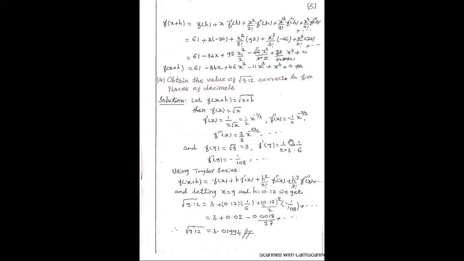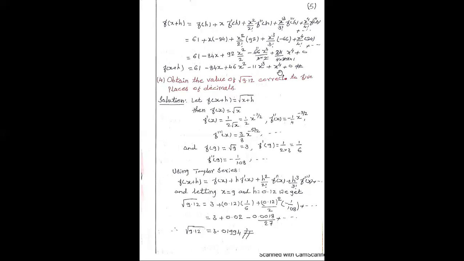So in the last part, this was in the ascending powers of x minus 2. So therefore, you have converted this value in the powers of x. Okay. So therefore, you get the corresponding value 61 minus 84x plus 46x square minus 11x cube plus x to the power 4.